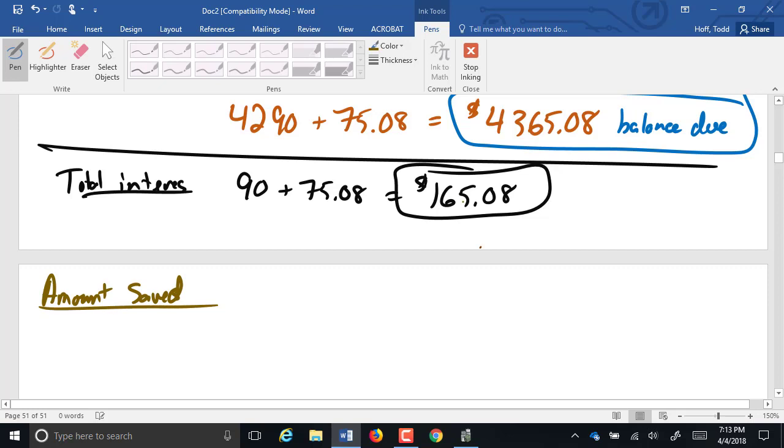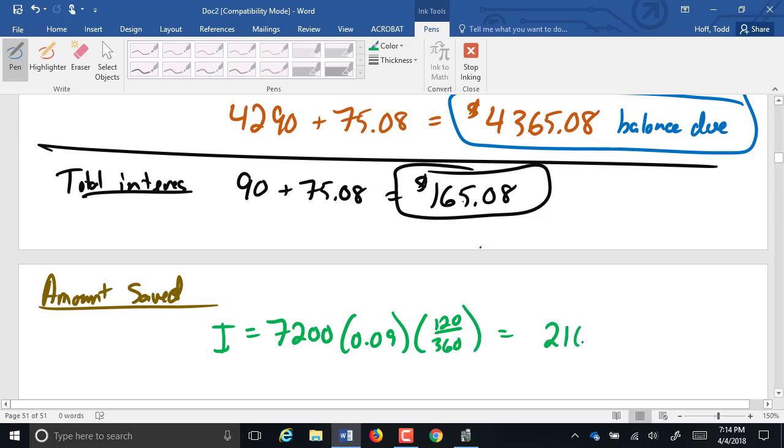We have to go back and calculate the total interest if there were no partial payments. That would have been the 7,200 times 0.09 times 120 over 360, which would have been what, $216?